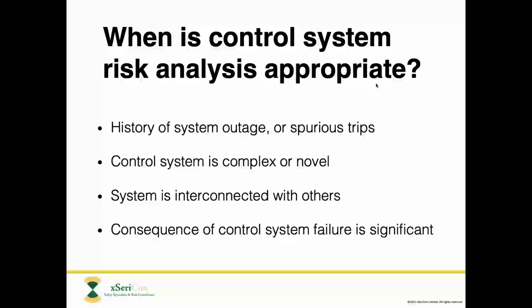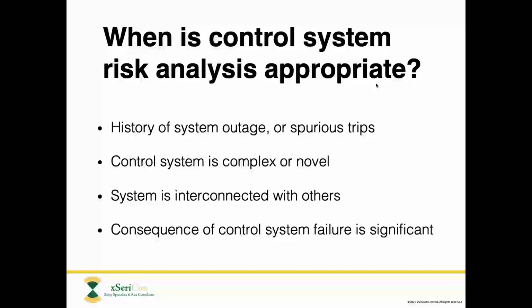A second indicator would be if we are implementing a new control system or system that's new to us, which is more complex than we're used to, or maybe one that's of novel design or different from what has been used on our facility before.